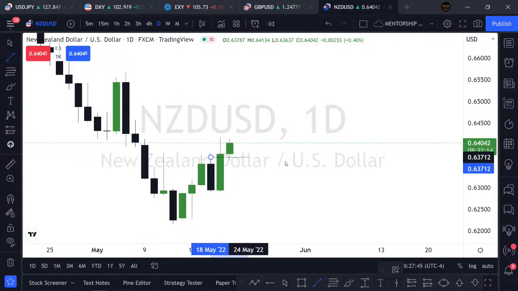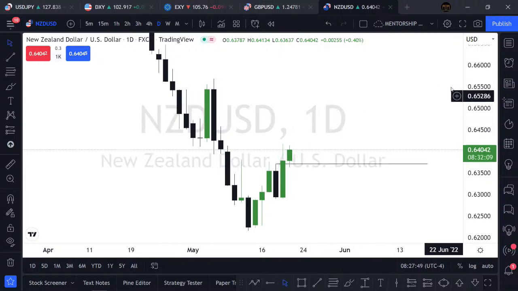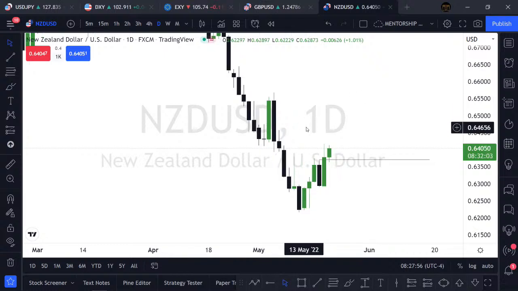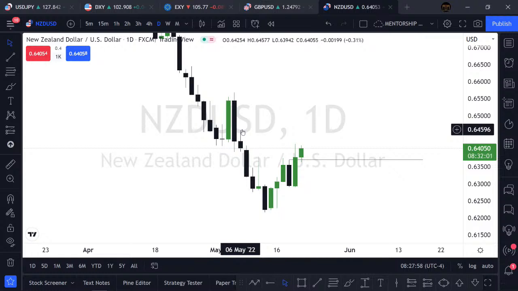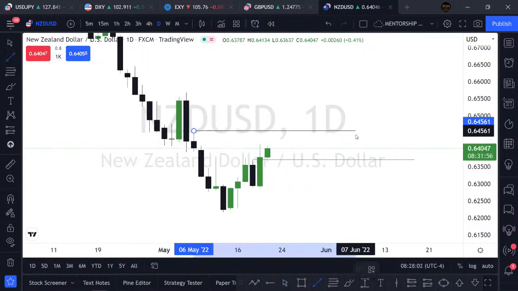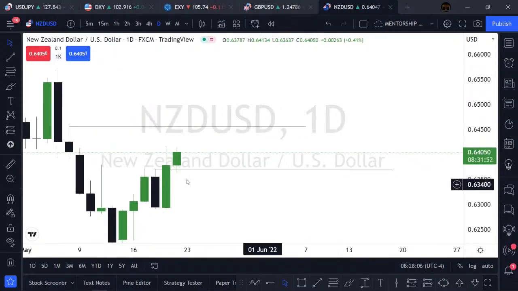So on the New Zealand dollar, I'll be looking at price trading higher. See this next swing point here. Why am I going to buy here? Well, I will buy here simply because we run above this candle.